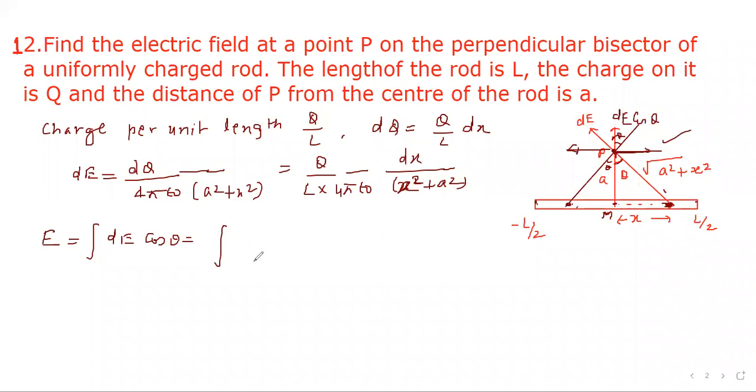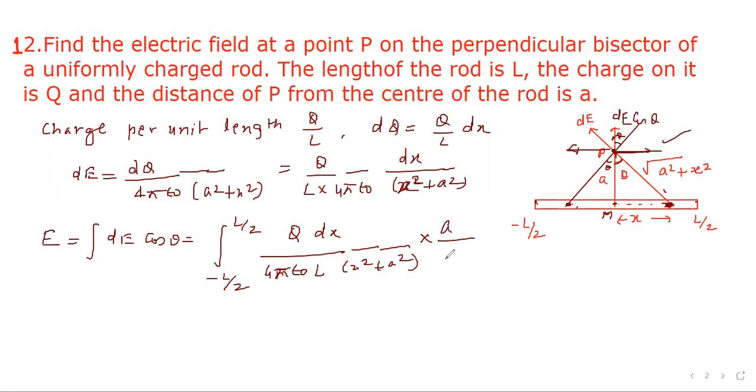It will be the integration of dE cos theta, with limits minus L by 2 to plus L by 2, where dE is Q dx divided by 4 pi epsilon naught L times x square plus a square, times cos theta. From the hypotenuse, cos theta will be a divided by a square plus x square whole power half.